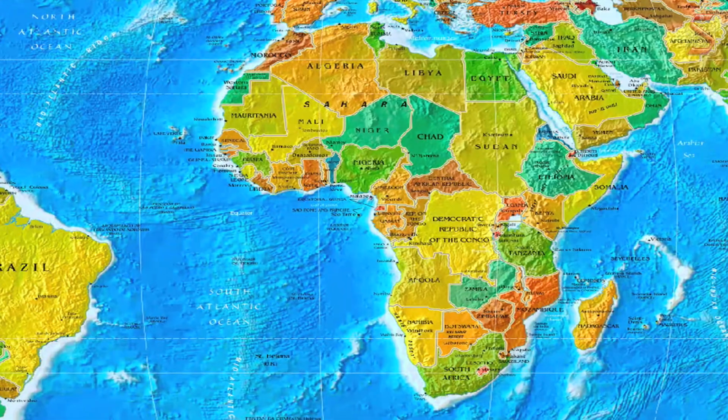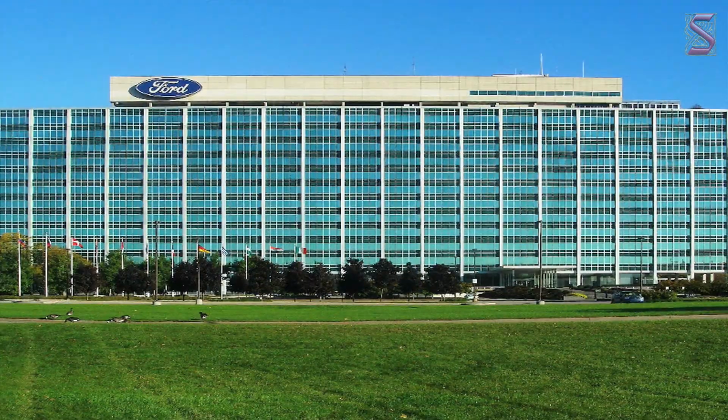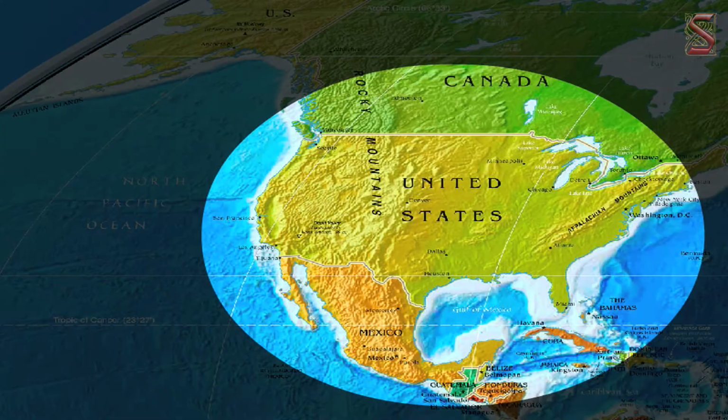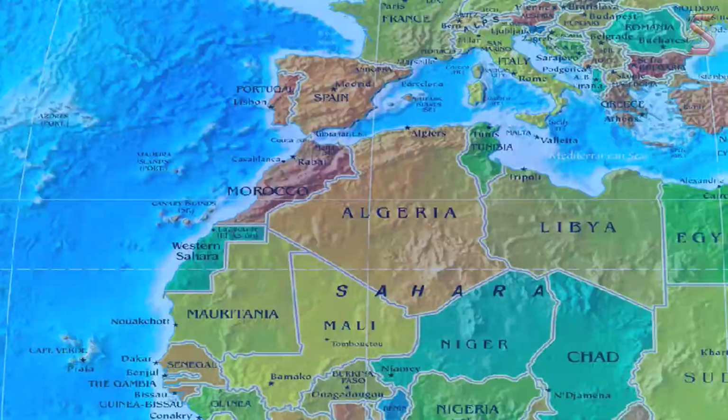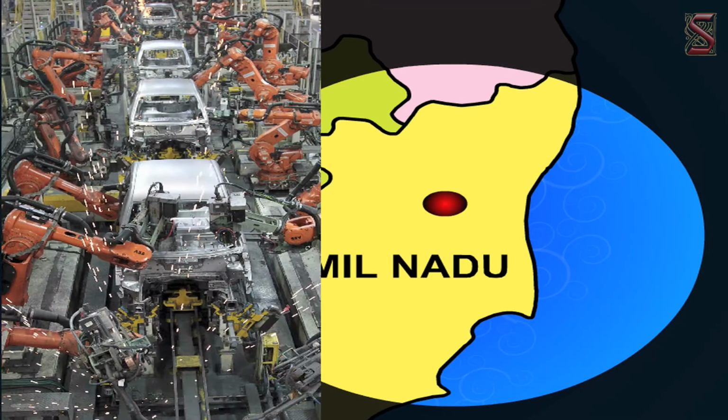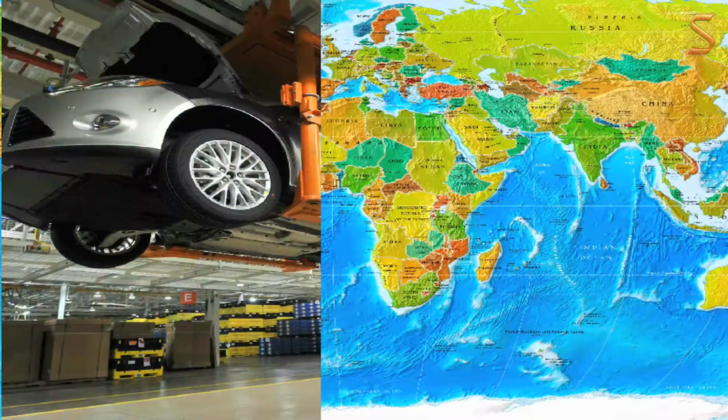Another example can be of Ford Motors, which is again a foreign company based in the USA. It has its manufacturing plants in Chennai, and the cars that are manufactured in Chennai go for sale in other countries.